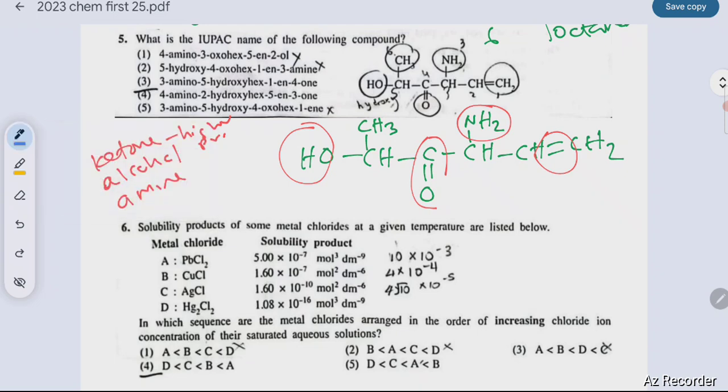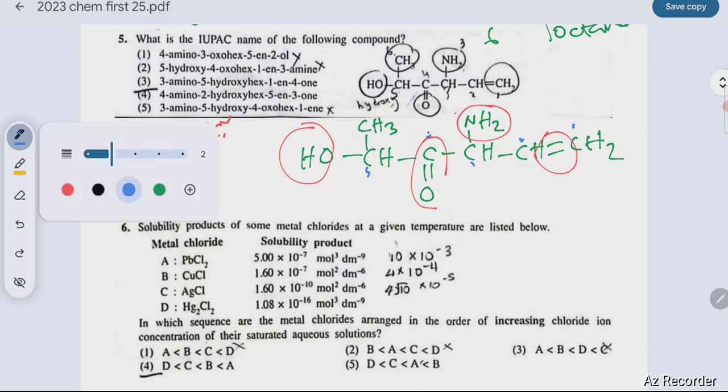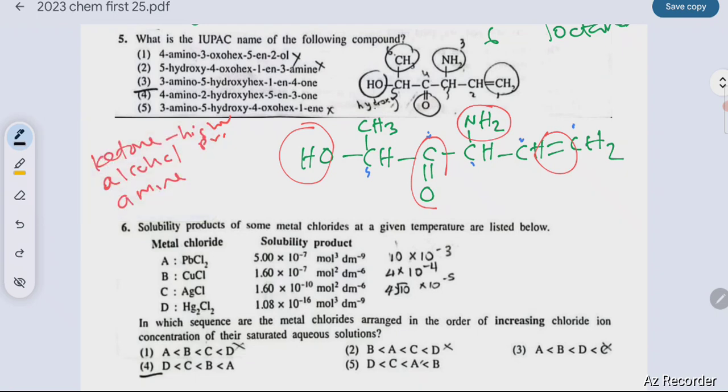Then we have to number it in such a way that these functional groups get lower numbers, right? So what is the way? Now if I start from here, what happens? Here if I take 1, 2, 3, 4 like that, then ketone gets 4 and hydroxyl group gets 5, right? But if I number it in this way, what happens? 1, 2, 3, 4, 5, 6.